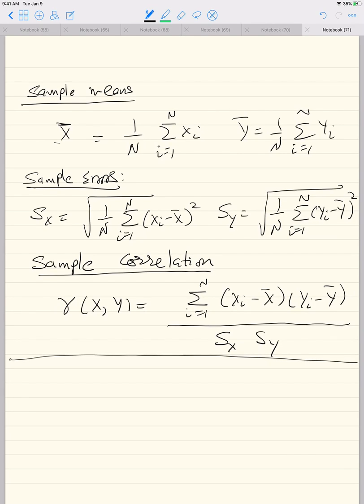The way we use it is we are given a feature vector x, which is x1 to xd.